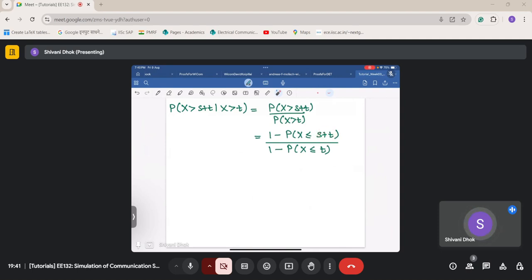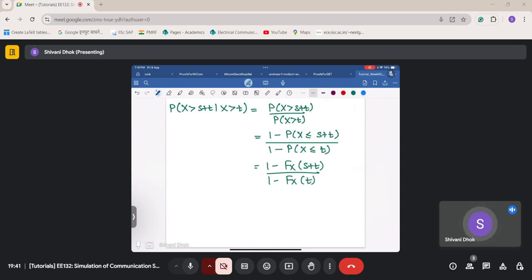Similarly, in the denominator, this particular quantity is simply the CDF evaluated at x equal to t. Okay, so now what we have here is 1 minus fx of s plus t upon 1 minus fx of t.